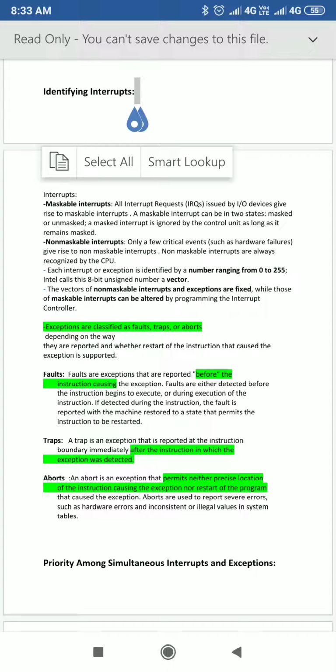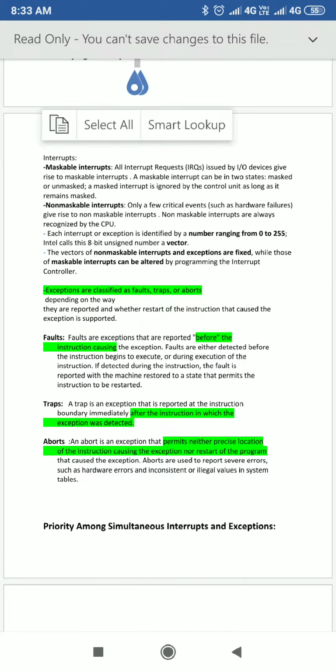Now, the second source of interrupt we have is the software interrupt. Software interrupts are generated directly by executing the program.